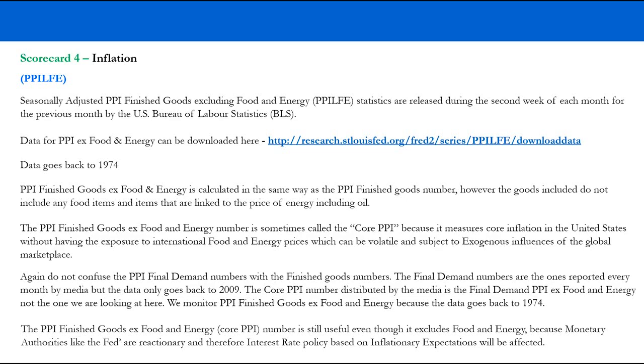And again, just to highlight this point as a reminder, don't confuse the PPI final demand numbers with the finished goods numbers. The final demand numbers are the ones that are reported every month by the media, but the data only goes back to 2009.